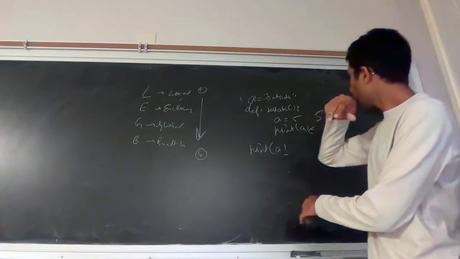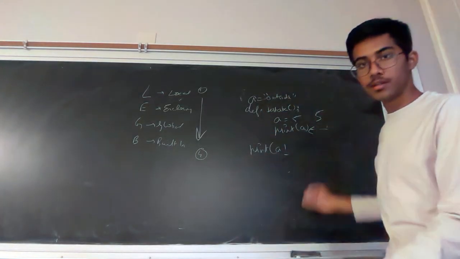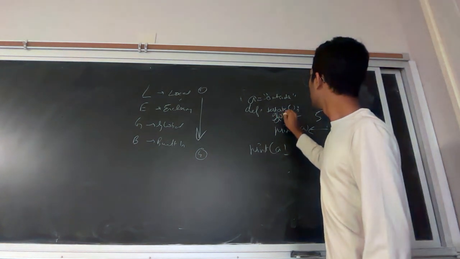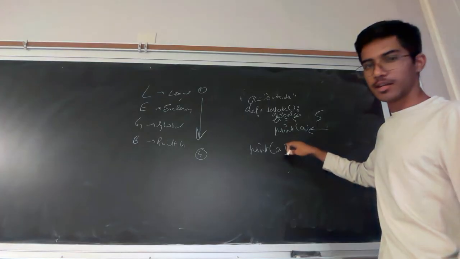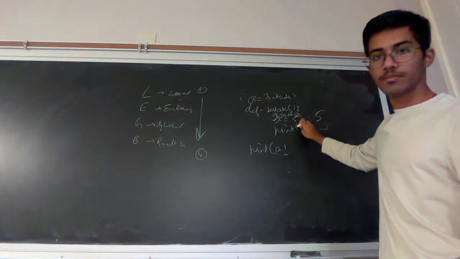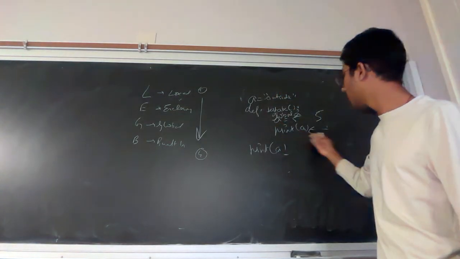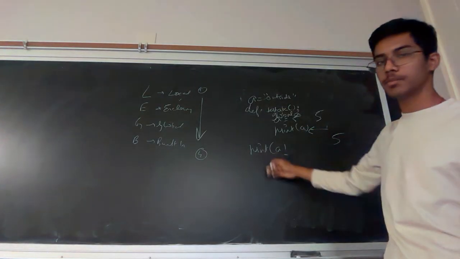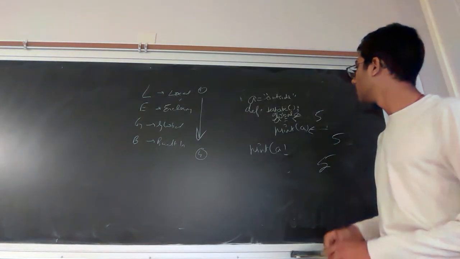But if I wanted to make changes to the A which is globally present for all to access, I would write global A at the start of this function, and I apologize for this messiness. Then the A is equal to 5 which I write here will change the value of the A present here. So when I say print A, I get 5, and when I say print A again, I get 5 once again.